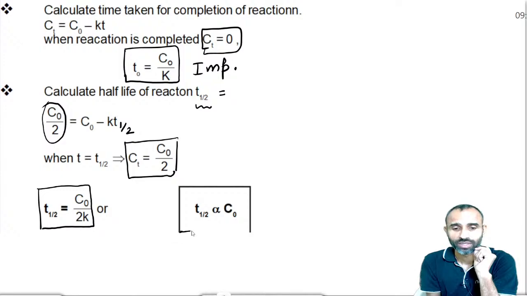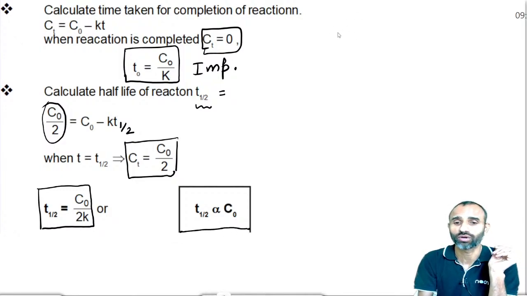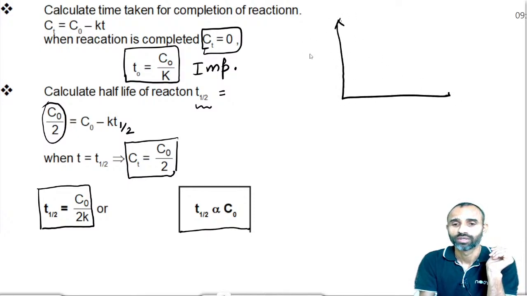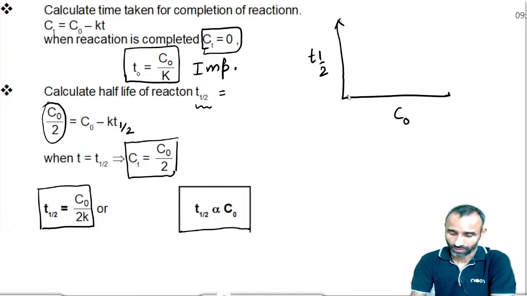That means t half is directly proportional to initial concentration. So if we plot a graph of half-life of a zero order reaction versus initial concentration, it is a straight line.